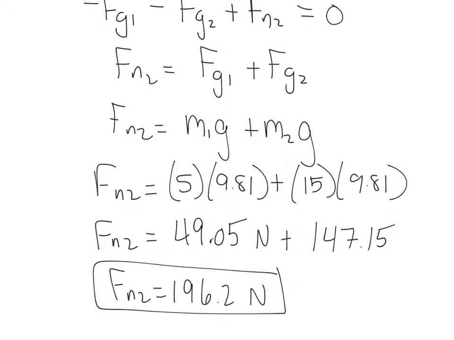So if you want to write a little note to yourself, you should write down the fact that the second normal force is bigger than the first one, because the second normal force is exerted by the table. Okay, the normal force of the table, it supports both objects.